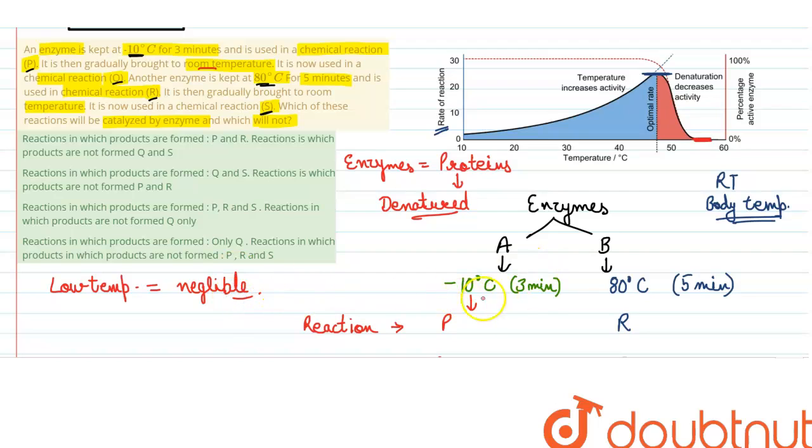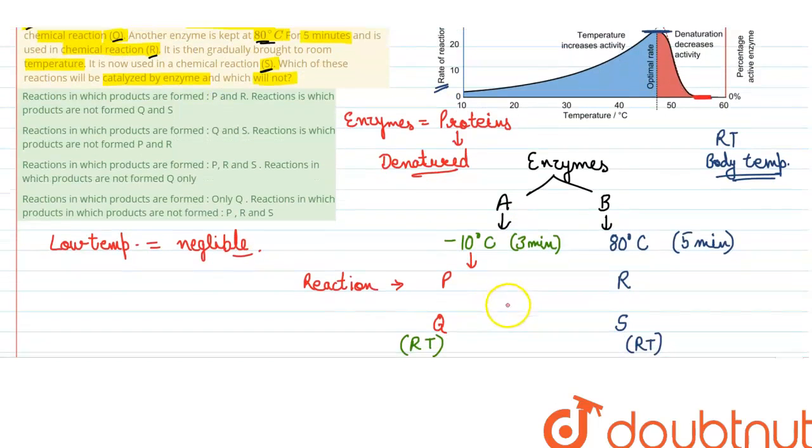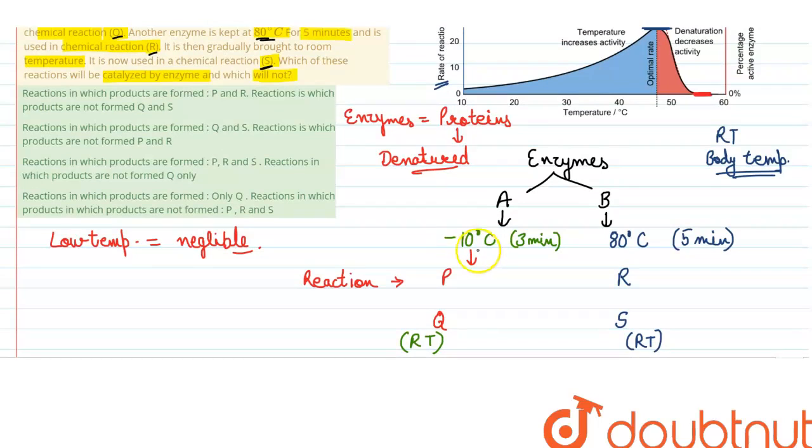So considering these situations again, when the first enzyme is kept at -10 degrees for 3 minutes and then used in reaction P, here no product will be formed because at such a low temperature it will show no activity. But then it was gradually brought back to the room temperature and used in the Q reaction.